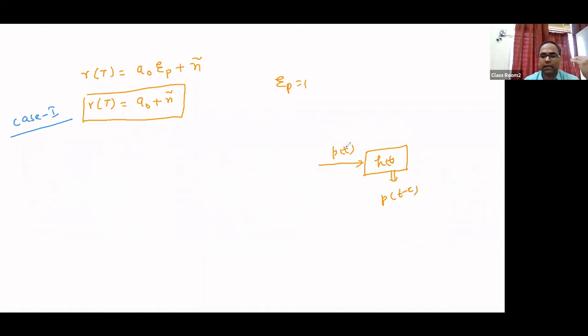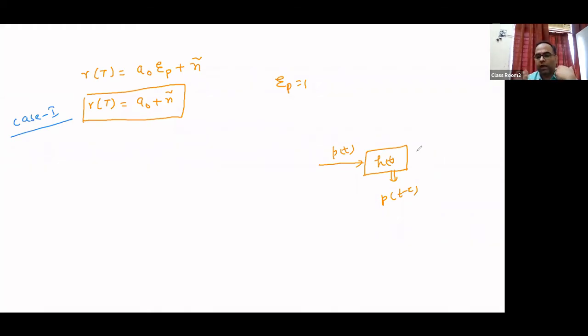If this filter is a matched filter, then its response can be written as p(t minus tau). And in that case, if you convolve these two pulses to get the output, you will get nothing but the energy of the pulse, EP. So amplitude times EP is the signal which you are receiving as the output of this filter.